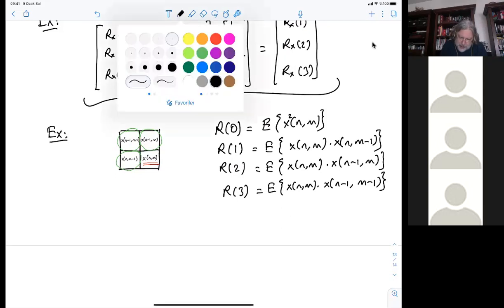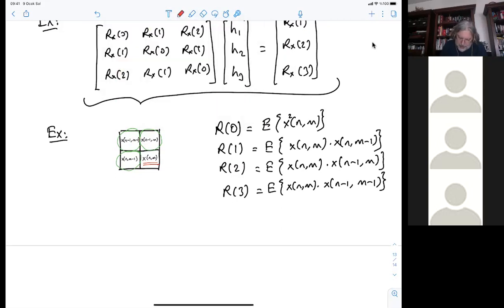Let me indicate them. So with this kind of a construction, your left pixel will be multiplied by H1, your top pixel will be multiplied by H2, and your diagonal pixel will be multiplied by H3. And those accumulations will give you a prediction of the current x of nm.